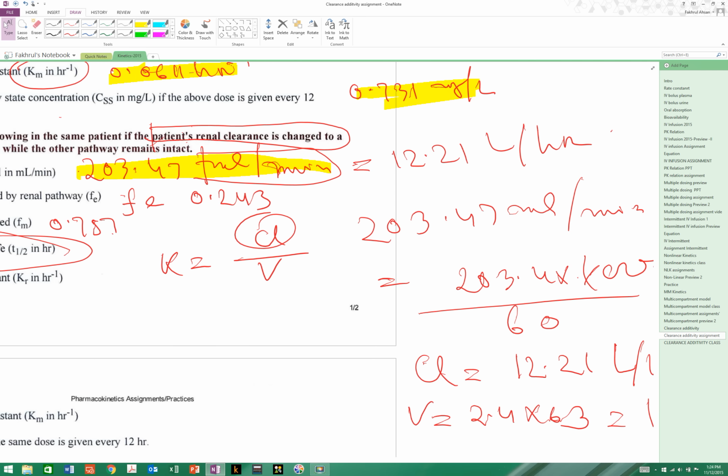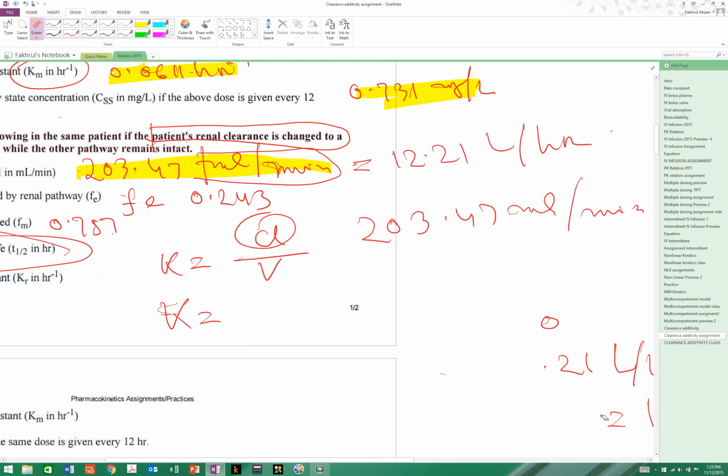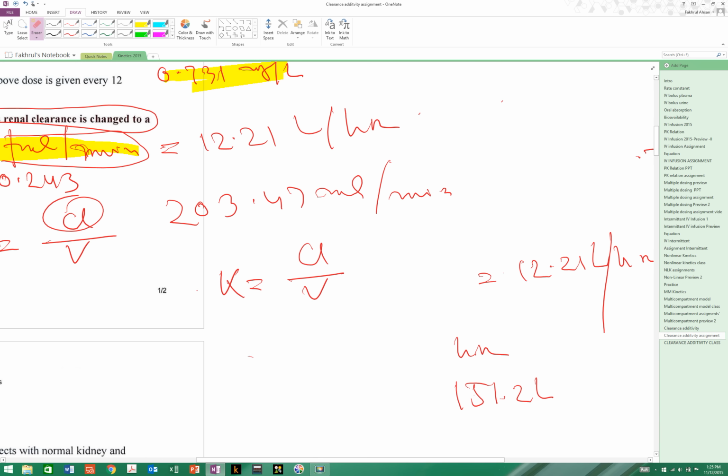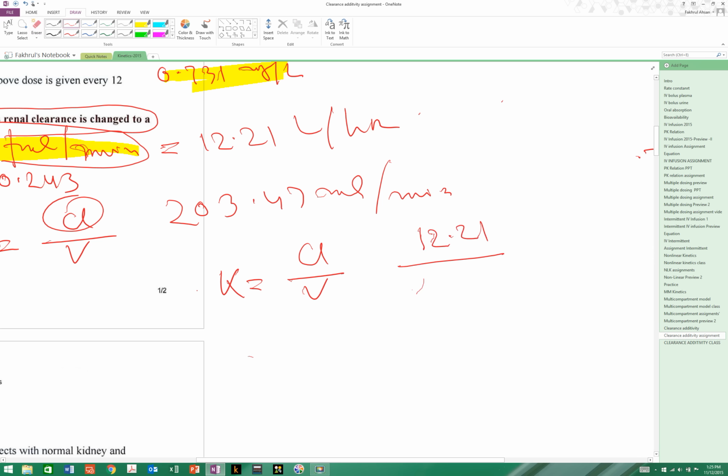So we have CL and V. Now K is equal to CL by V. We have our CL in liter per hour, 12.21, divided by V, 151.2 liter, and this is going to give you a new K, which is 0.0807 per hour. Today, I don't know what's going on with the pen. It's messing up everything.